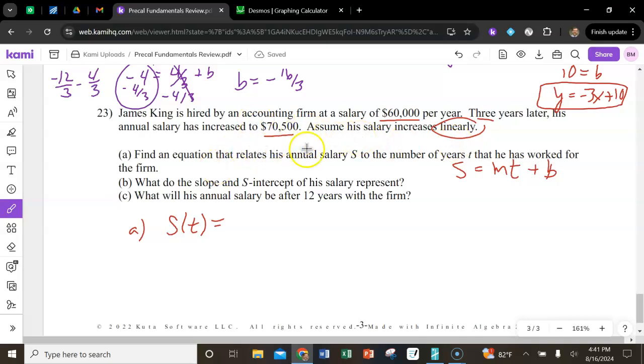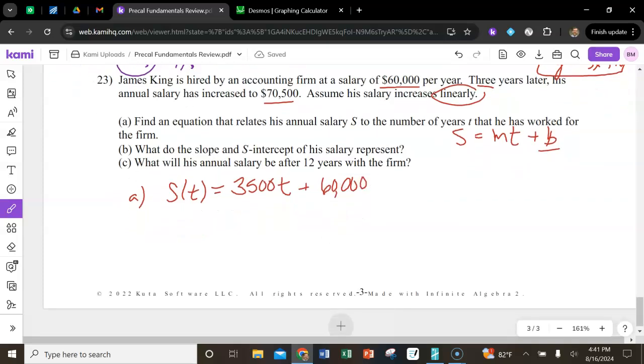So to find the slope, take his change in salary, $10,500, and divide by 3, and that would give me $3,500. That's going to be the slope times t, and then plus his starting salary, which is $60,000. So that's essentially my y equals mx plus b for that.